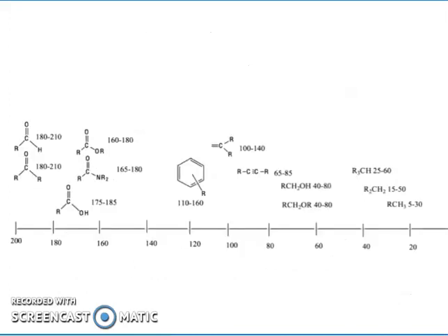If we look at this chart, and this is in ppm, even though it isn't labeled on the axis, we see that the furthest upfield signals are the ones that have no electron withdrawing substituents on them, such as the methyl, the CH2 a little bit further downfield, and the CH a little bit further downfield than that. If we put an electronegative atom like an oxygen on our carbon, the carbon attached directly to the oxygen shows up further downfield.